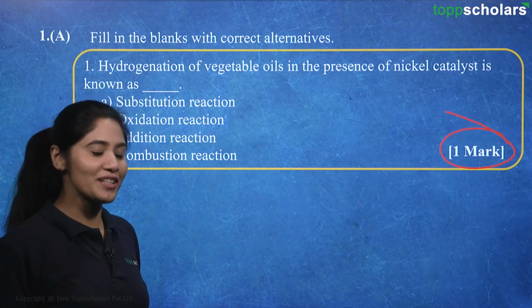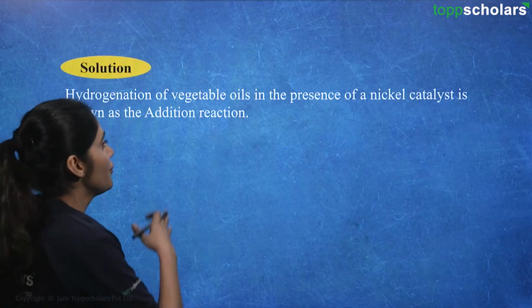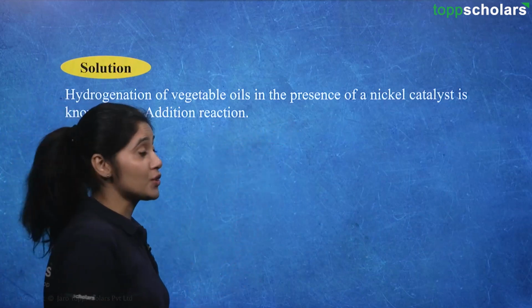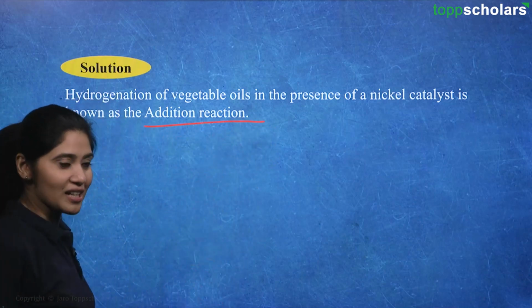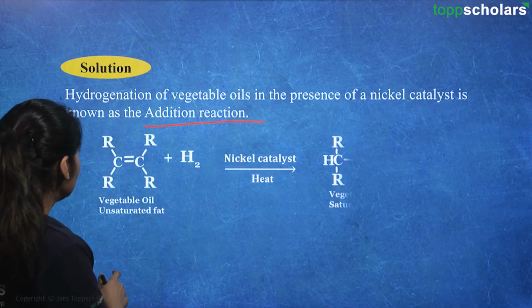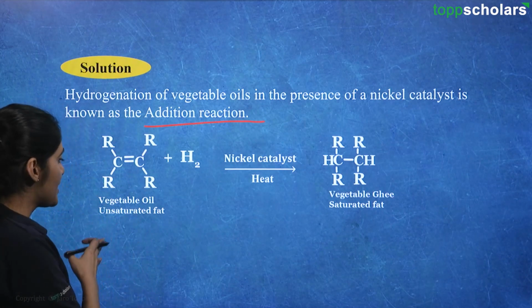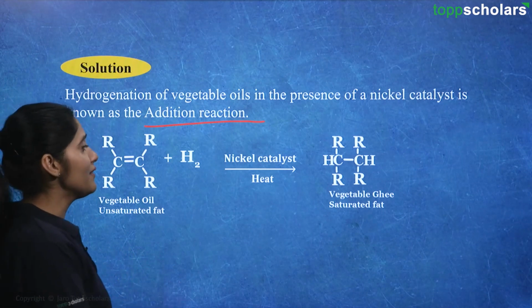Let's check the solution if you are correct. Hydrogenation of vegetable oil in the presence of nickel catalyst is known as addition reaction. So let's look at the reaction as well. Here, this is the structure of vegetable oil, which is an unsaturated fat.